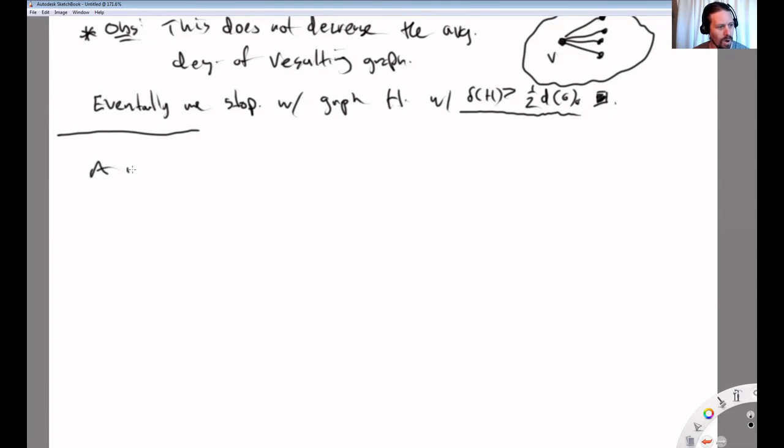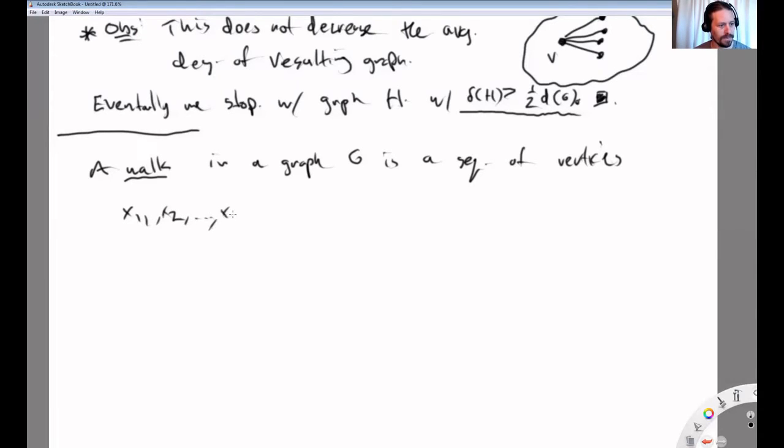Okay, so a walk in a graph G is a sequence of vertices, call them x1, x2, up to xk, such that two consecutive vertices are joined by an edge.